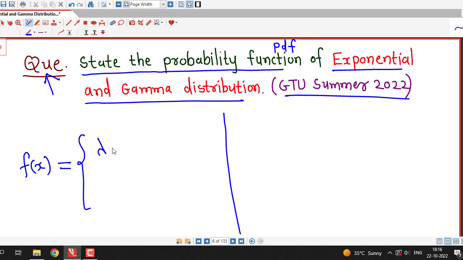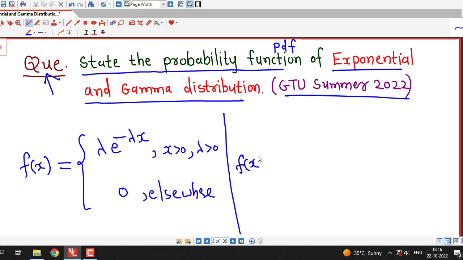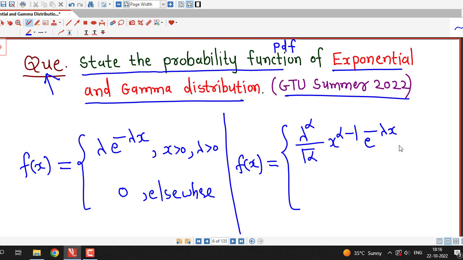For the exponential distribution, f(x) is given by lambda times e raised to minus lambda x, if x is positive and lambda is also positive, 0 elsewhere. And the PDF of the gamma distribution is given by lambda raised to alpha divided by gamma of alpha, times x raised to alpha minus 1, times e raised to minus lambda x.